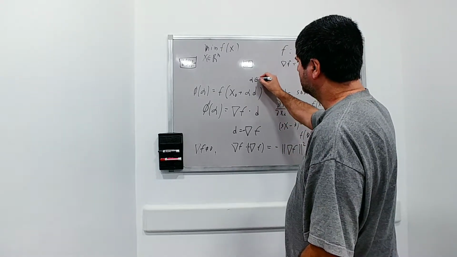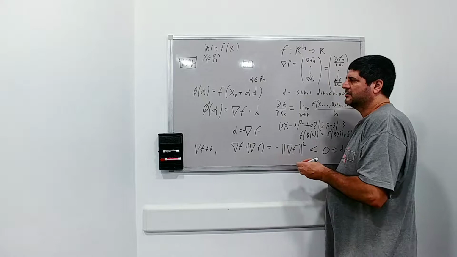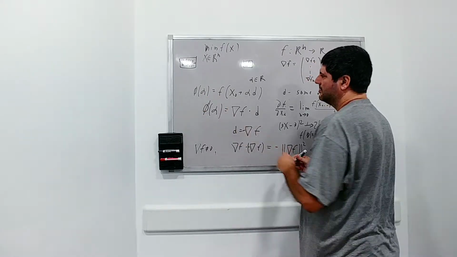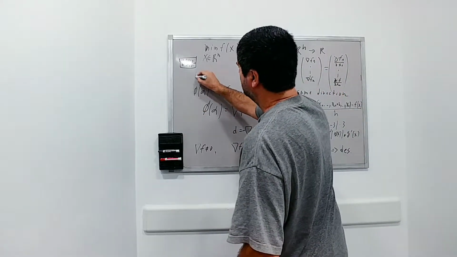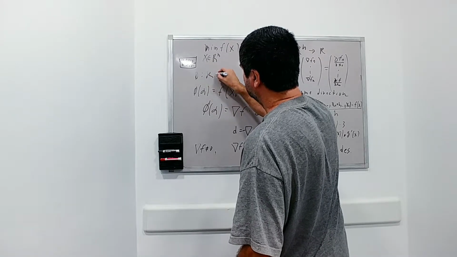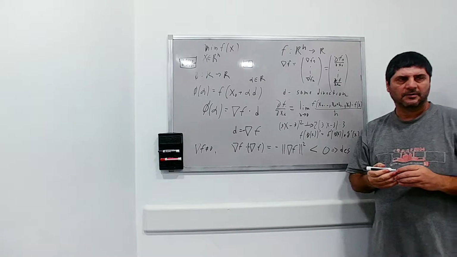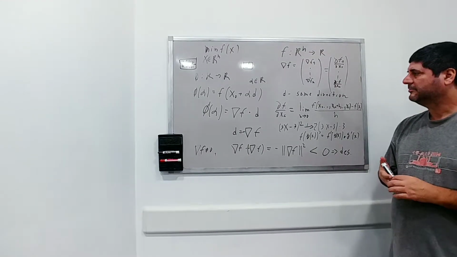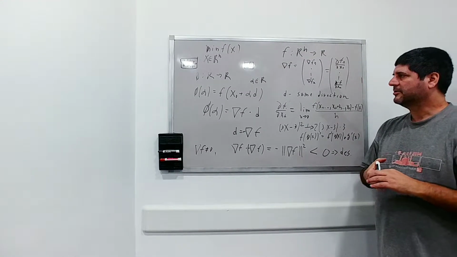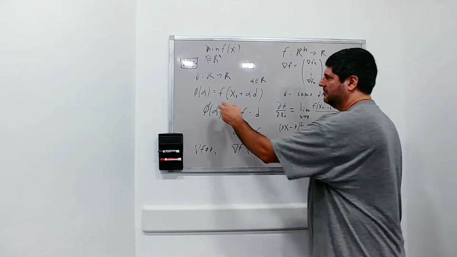So that's a function from R to R, a function of alpha.